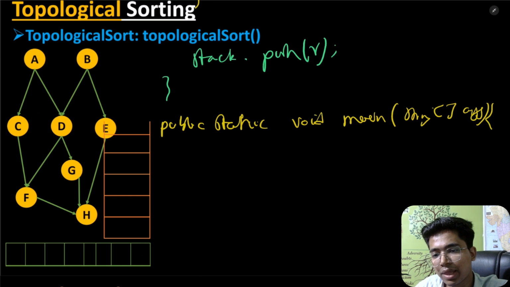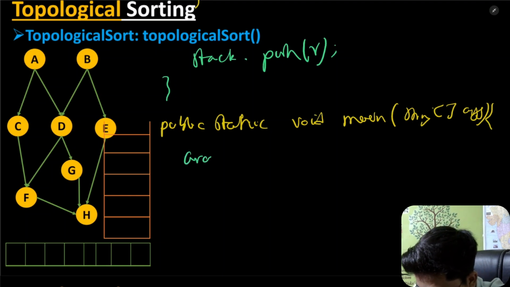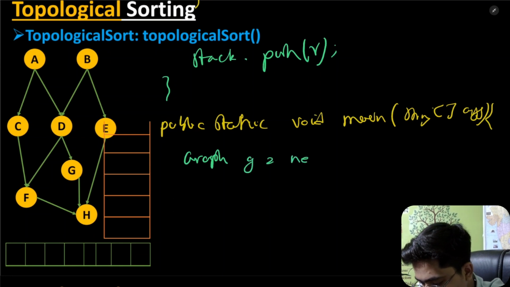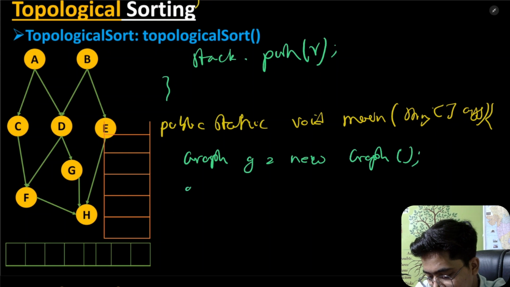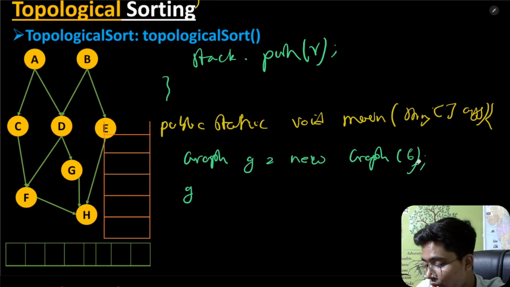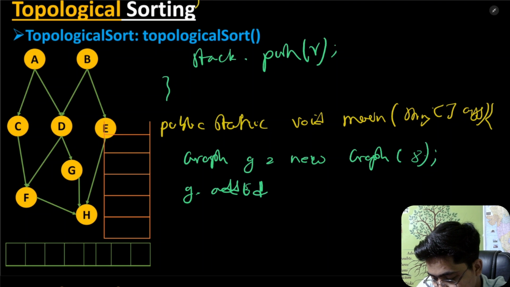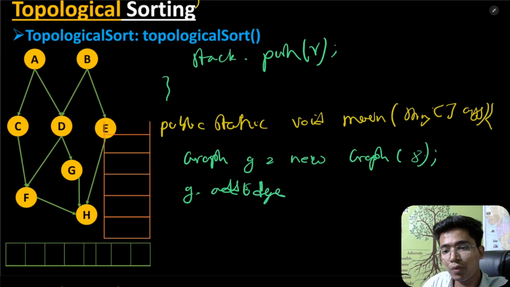Now we'll create an object of the graph class we have implemented. So Graph g equals new Graph, and we have to pass the constructor the number of vertices, else we will get an error.